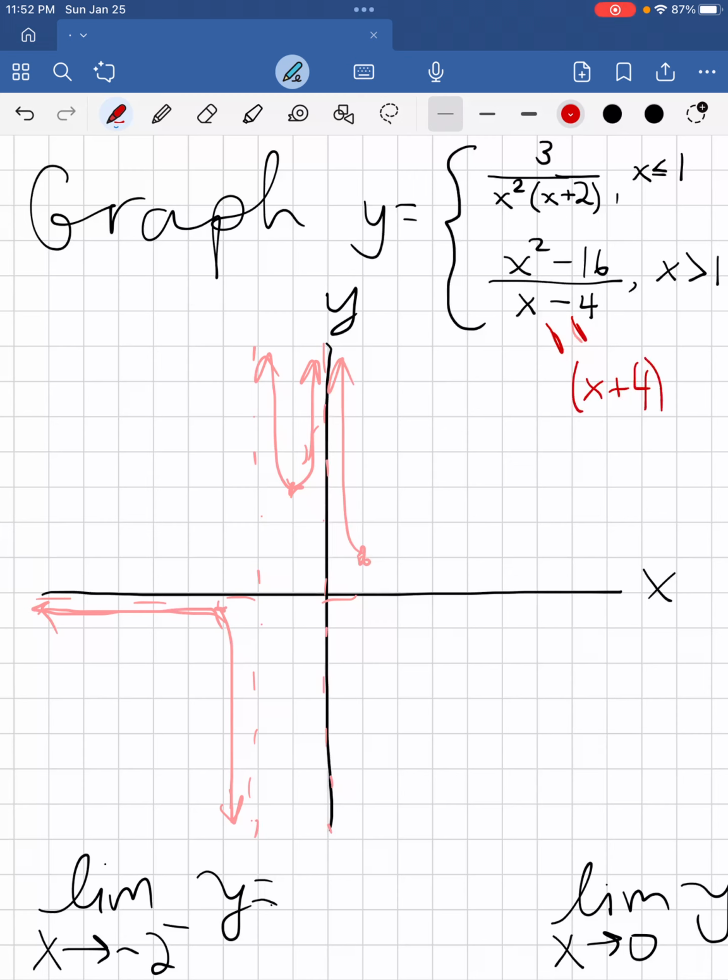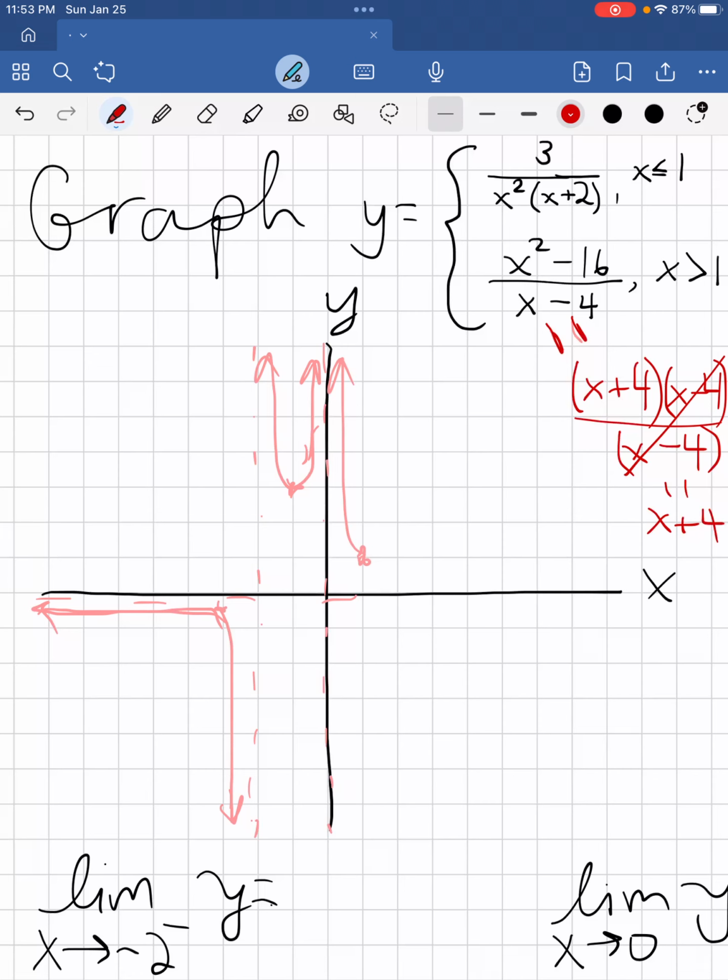That's the difference of two squares. So then what I notice is that I have a factor of x minus 4 in the numerator and in the denominator. These would divide, they would leave behind a 1, and I would essentially find that the graph of that bottom rule is a line.